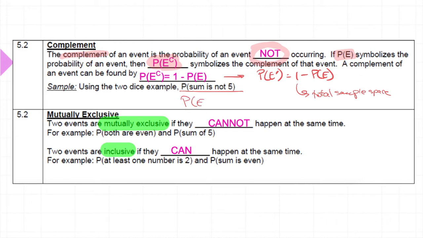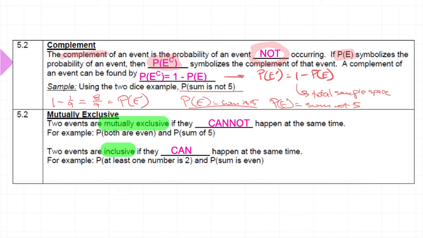So if P(E) equals sum is 5, P(E') is the sum not 5. So I'm going to move back over here to the left. 1 is the entire sample space. We found that minus 1/9 was the probability of the sum being 5. That's going to be 8/9, right? So that equals P(E'), in this case the complement of E, okay?